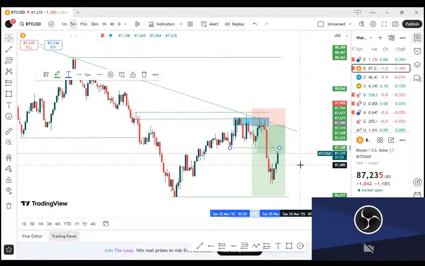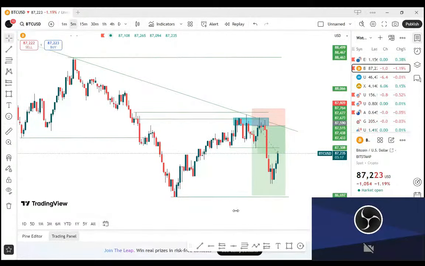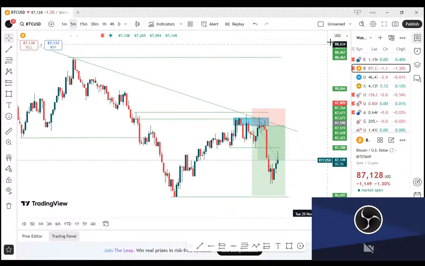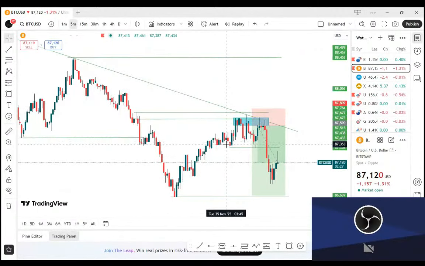Or probably let's see how price reacts at that low. Sellers are still dominant in the market.